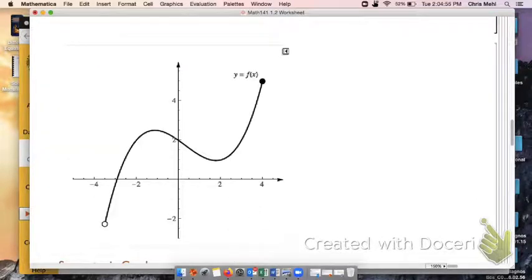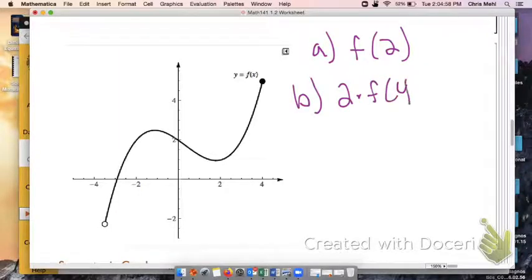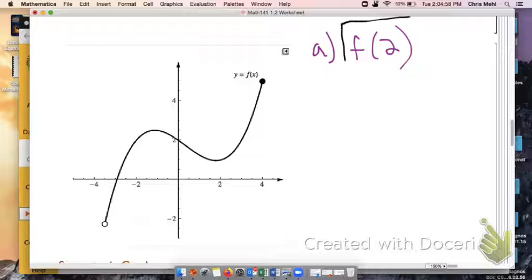Okay, so what I want to do here is part A. I want to find f of 2. Part B was 2 times f of 4. Let me just do one at a time. Okay. So for the first one, if I want to find f of 2 from a graph, remember, what does this notation mean?